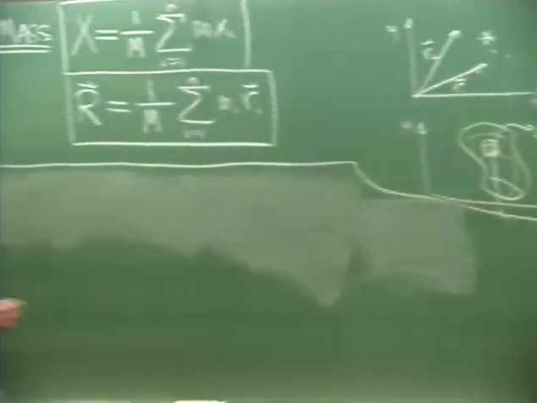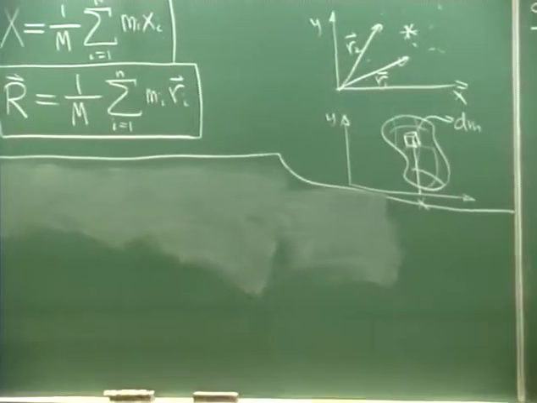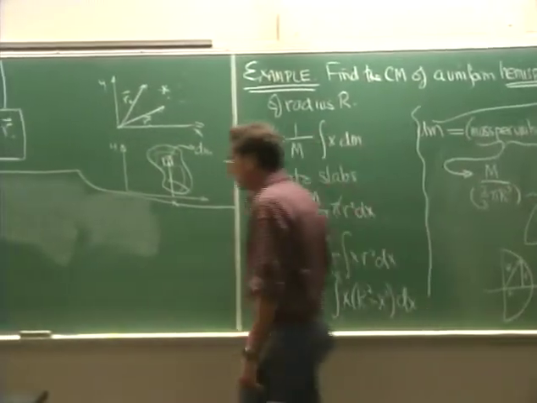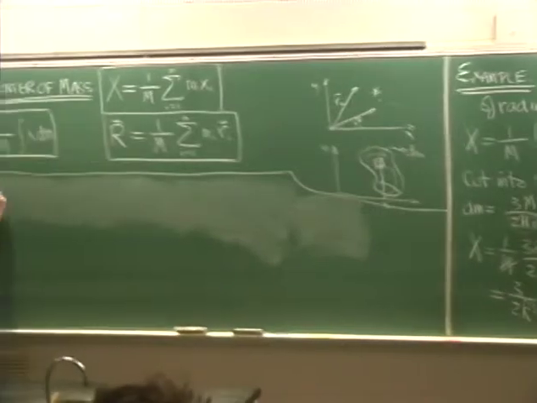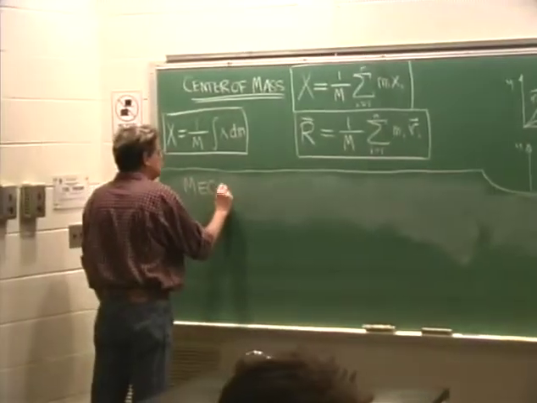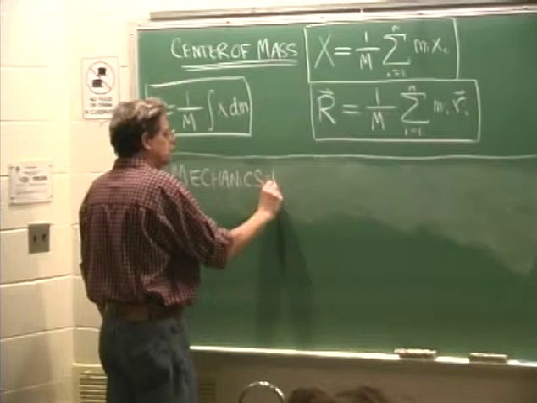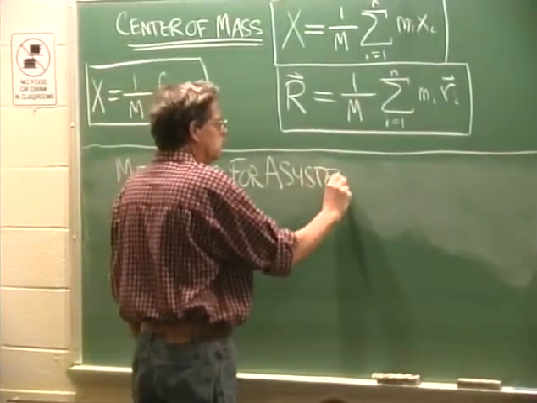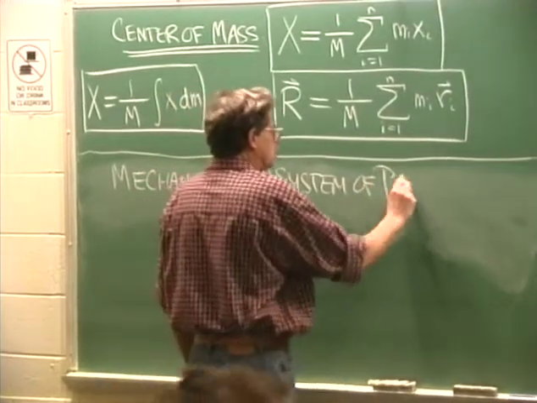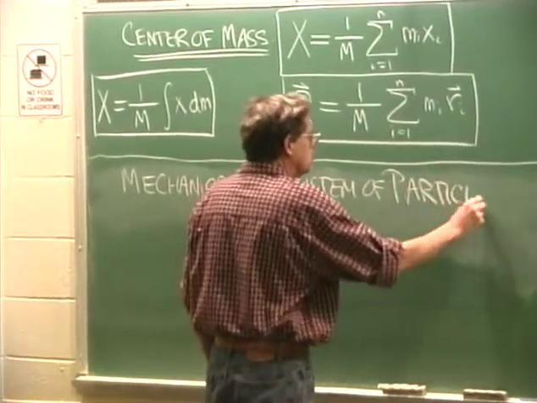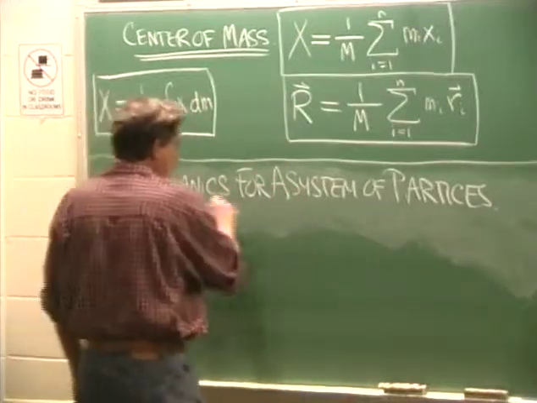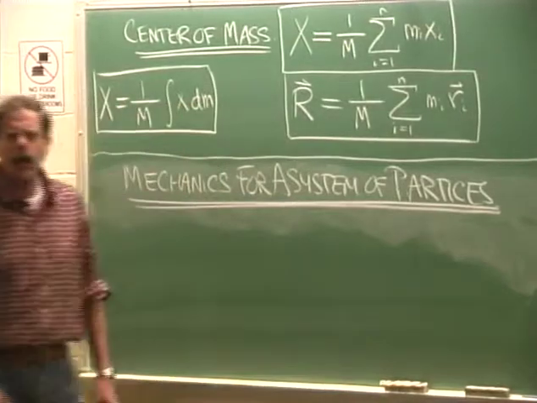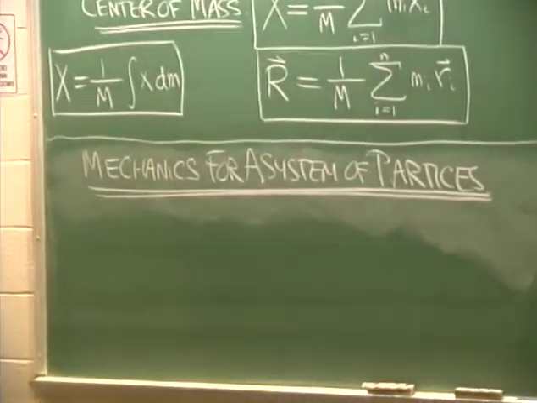But I want to move on now to the formulation of mechanics for a system of particles. What is all this center of mass stuff good for anyhow? So, I have in the back of my mind the following situation.